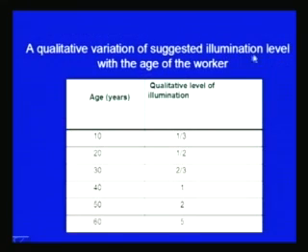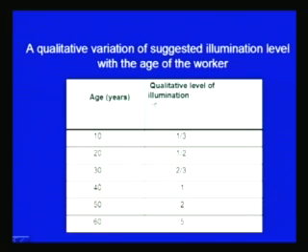Here we see how the illumination level required for carrying out a job varies with the age of the worker, because with age the sharpness of vision changes, and therefore for workers of different ages a different level of illumination is required for carrying out the same job.